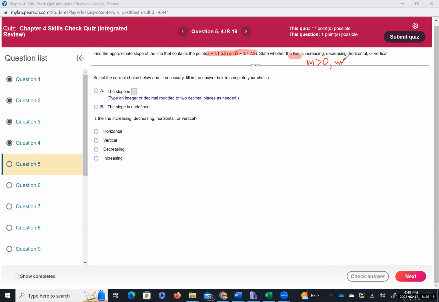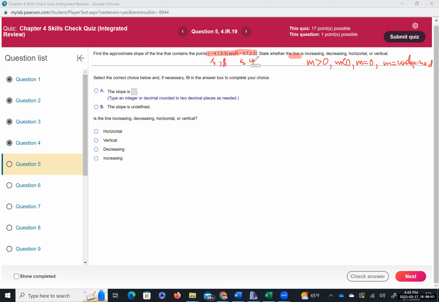Okay, so let's find the slope by the 2 points here. So we're going to use x1 here, y1 here, x2 here, y2 here, right? So using the formula, slope equal to y2 minus y1 over x2 minus x1, and then substitute into it.